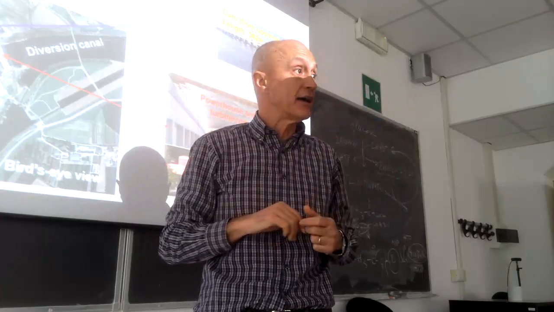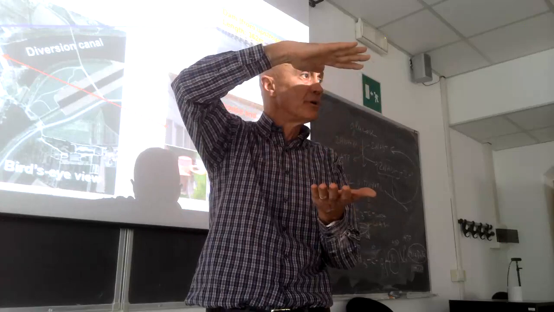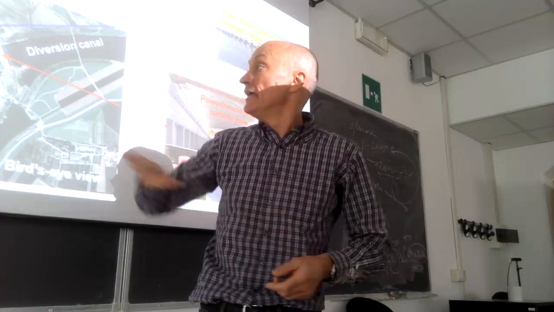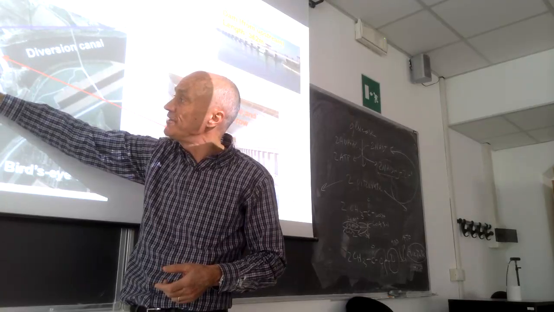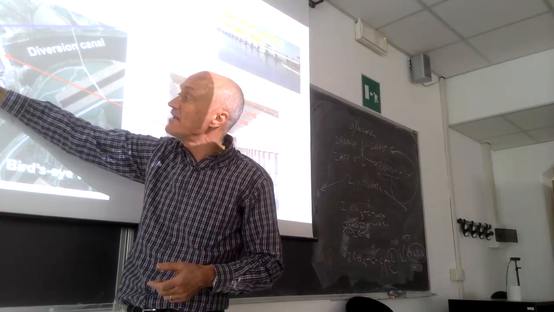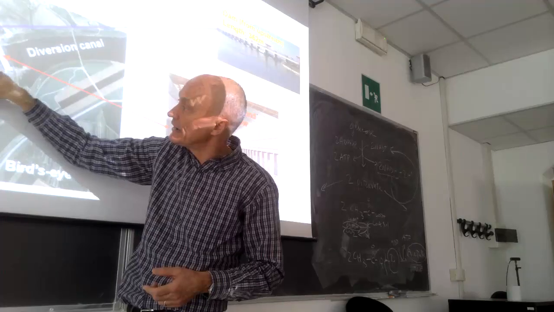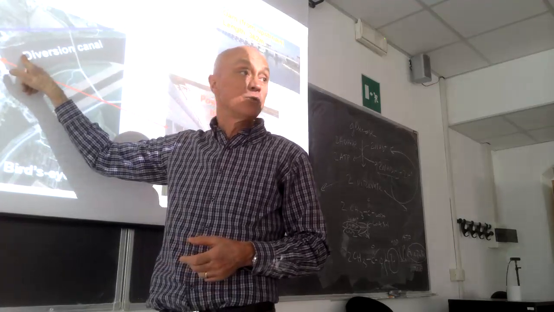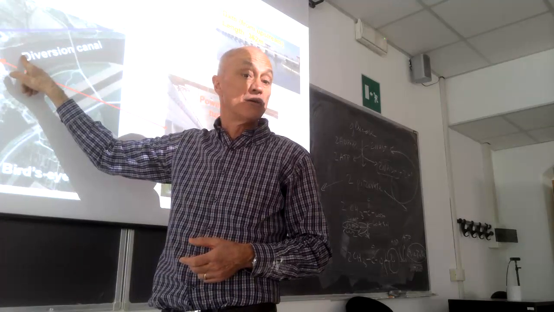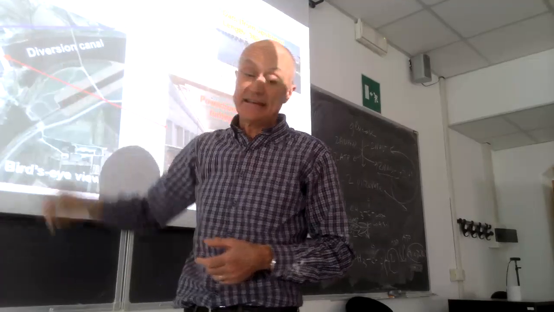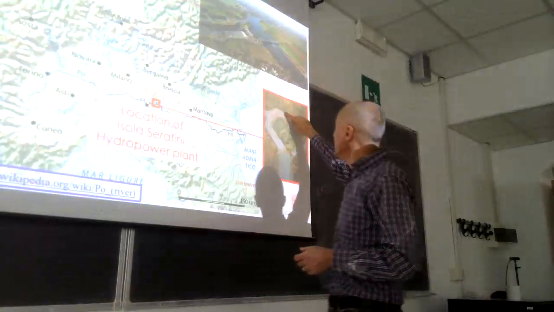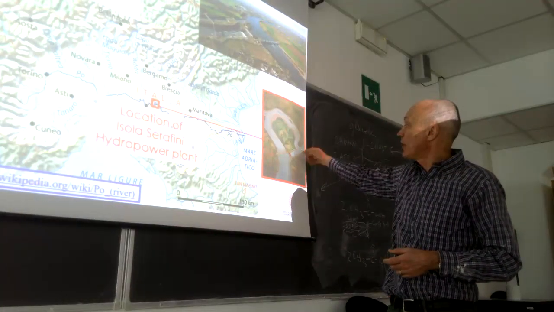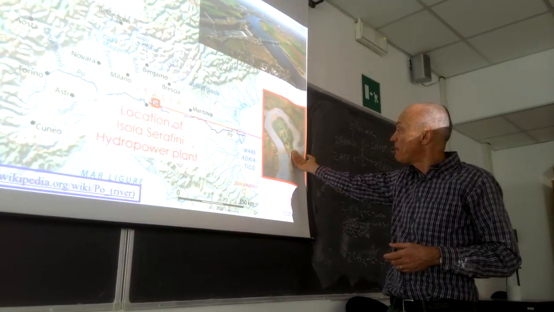Because the tail water instead is controlled by the water level downstream. Okay, the water level downstream propagates and controls the water level at the tail water, whereas the water level at the intake is controlled by the gates. So they can control the hydraulic head depending on the current stream flow regime. Sufficiently clear?